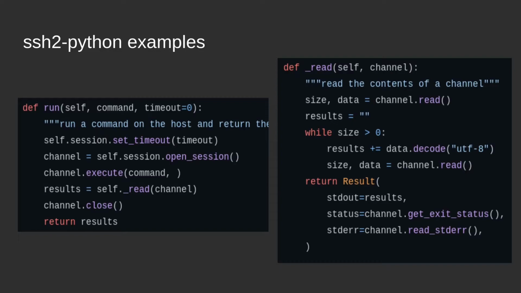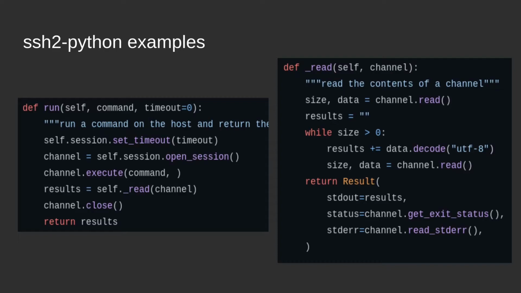You create a channel by opening the session, and then from there, you execute the command on the channel. And then finally, you read in the results from the channel. Reading is similar to what you've likely seen with other libraries as well. You get the size of the read as well as the data itself, and iterate over that, decoding it.